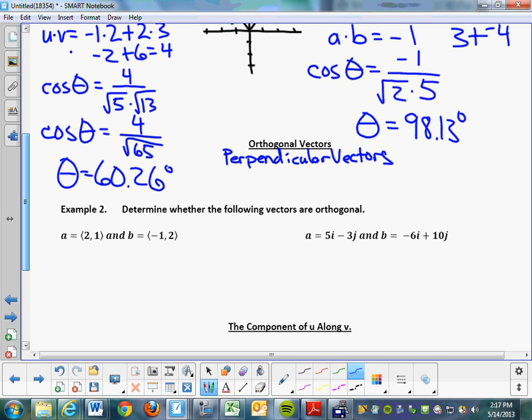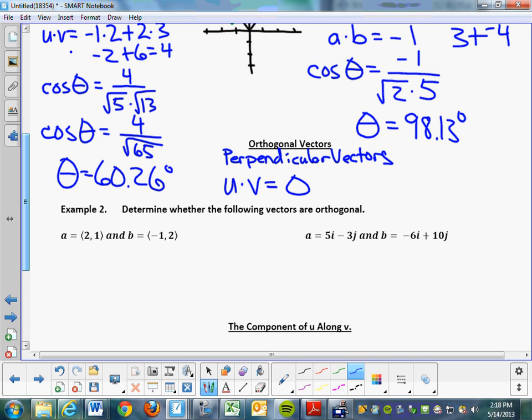What's the cosine of 90 degrees? It's 0! So, if you're going to inverse the cosine of 0 to get 90, that means that, as we solve for the equation, you got to get 0. So if u times v is equal to 0, then you have perpendicular or orthogonal vectors.